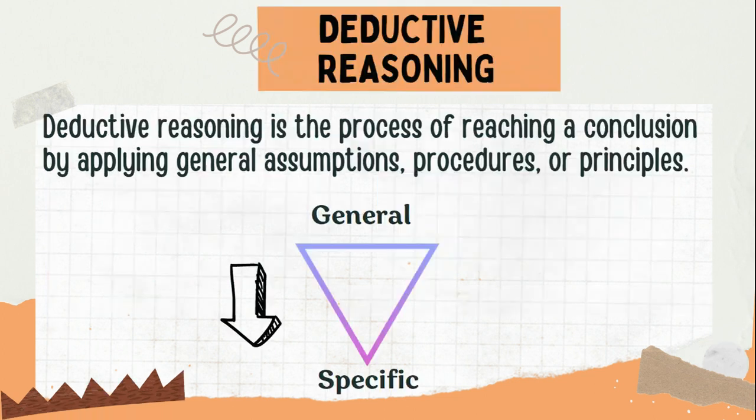Ana. And deductive reasoning. Deductive reasoning is the process of reaching a conclusion by applying general assumptions, procedures, or principles. So, deductive reasoning is the opposite of inductive reasoning. So, in deductive reasoning, we have assumptions, procedures, principles to specific examples.